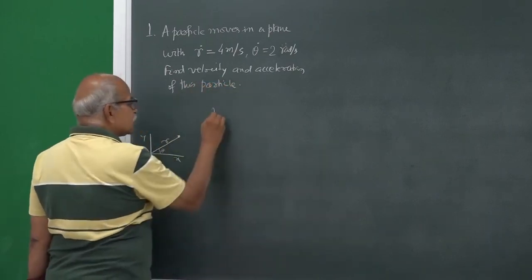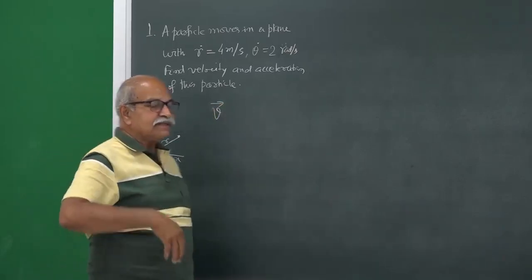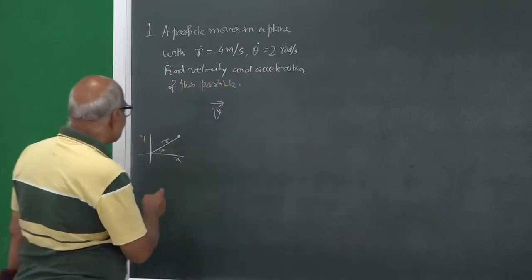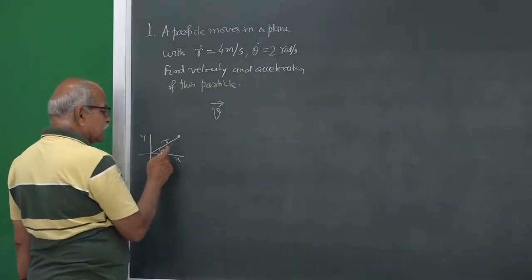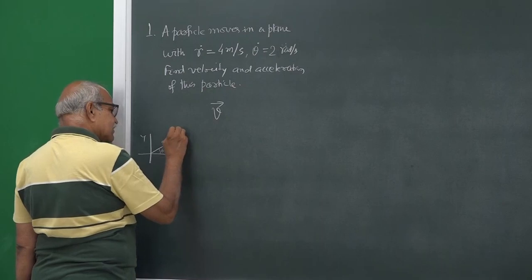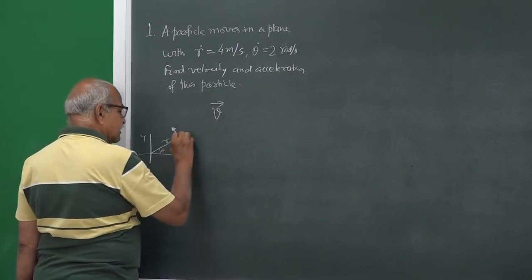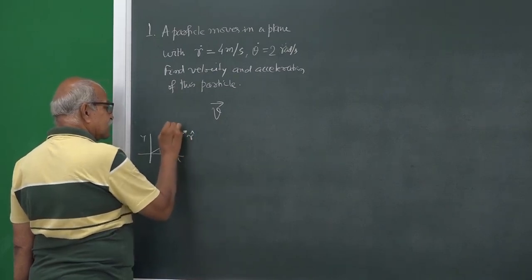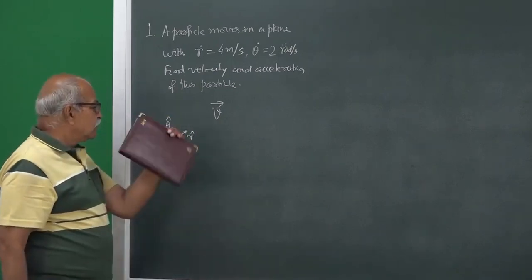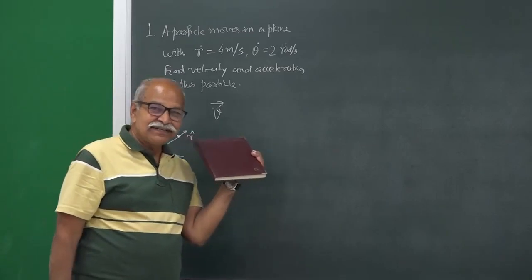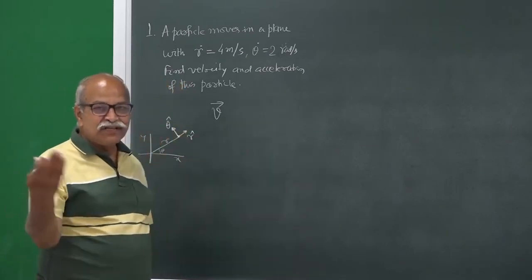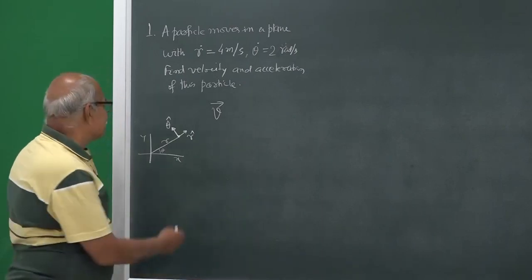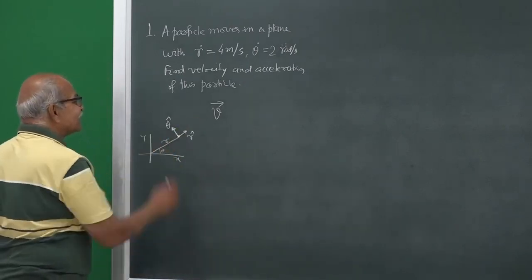Okay. So, as you know, what is velocity? Velocity has two components, a radial component and a transverse component. I call the theta cap direction the transverse direction, and the r cap direction the radial direction. So, this is r cap and this is theta cap. Although this book calls it tangential, tangential would mean tangent to the path, not perpendicular to the radial.